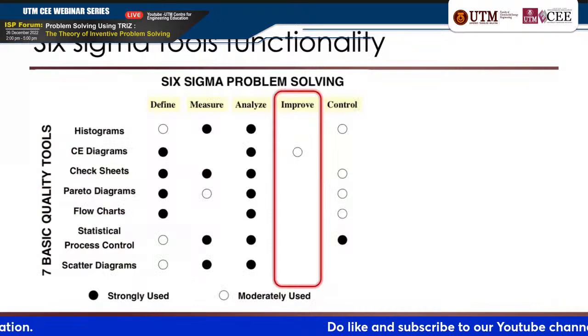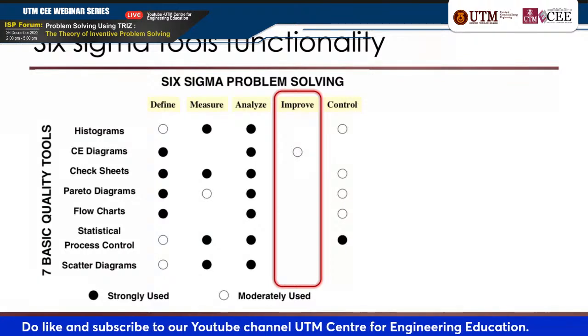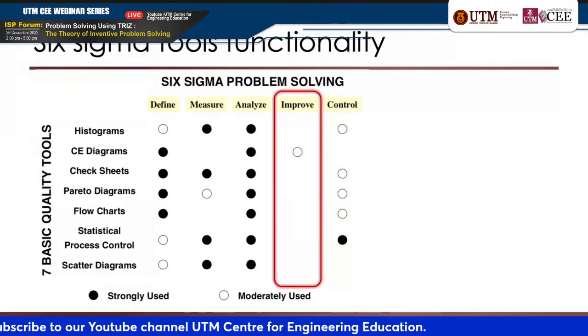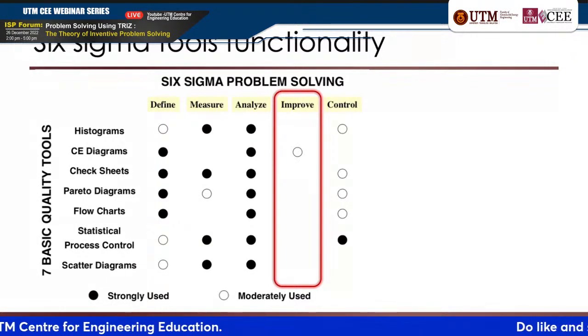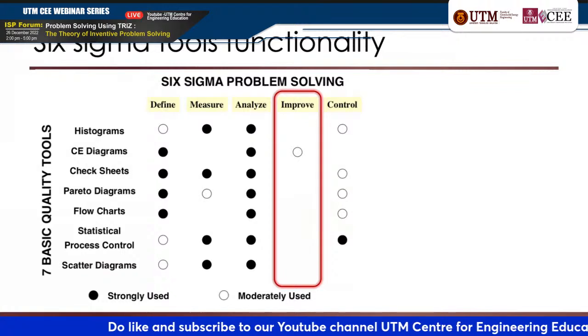One of the good tools for improving problems related to process is Six Sigma. Six Sigma is a tool for controlling variation in specific parameters in our process.